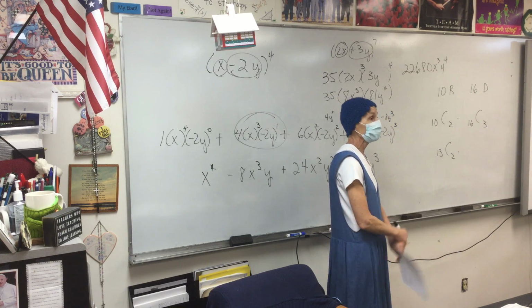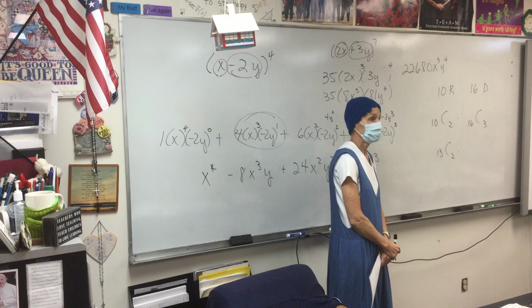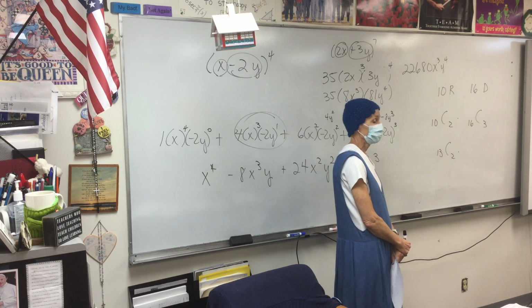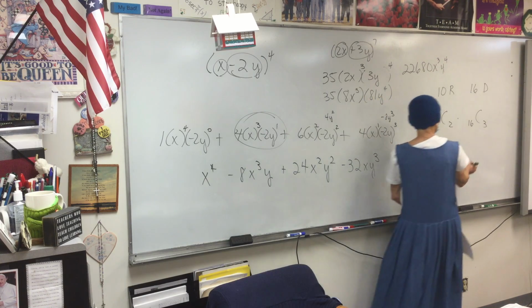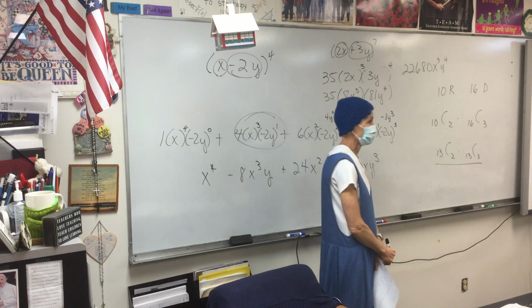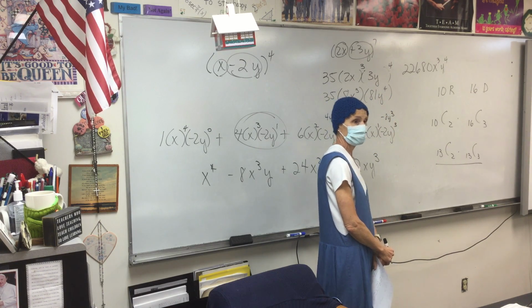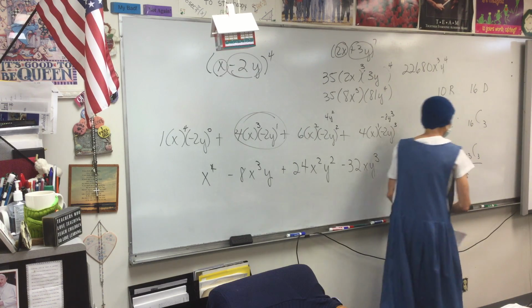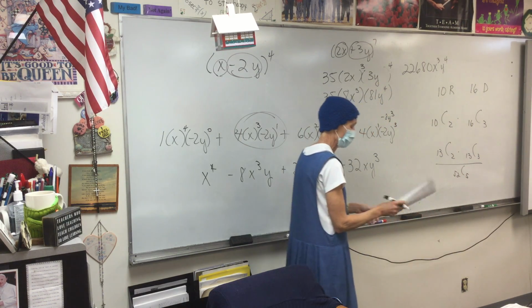Now I want 3 clubs. 13C3. Now this is a probability question, so I have to divide by 52C5. There we go, and that would be the setup for that one.